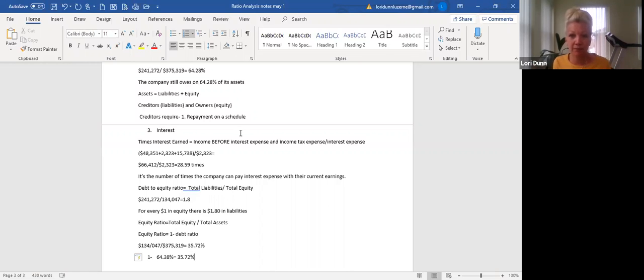Either way, because assets are only being financed with debt or equity. So if 64.28% of our assets are being financed with debt, then the other 35.72% are financed with equity.